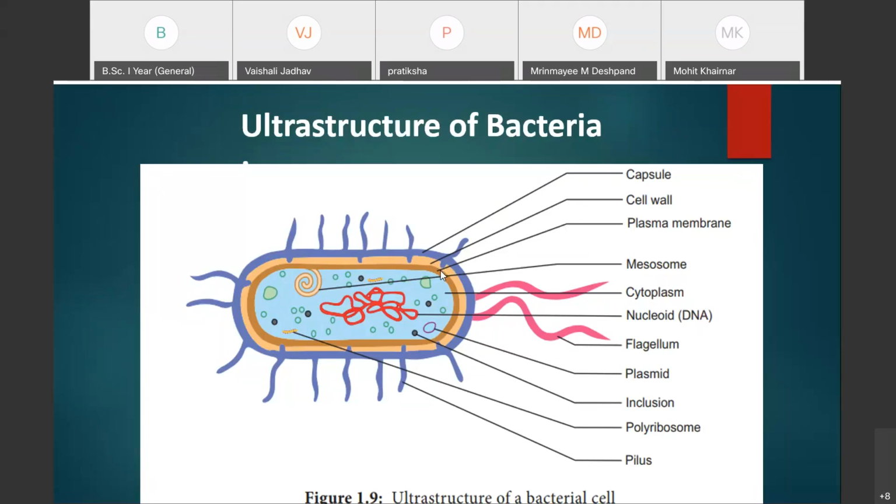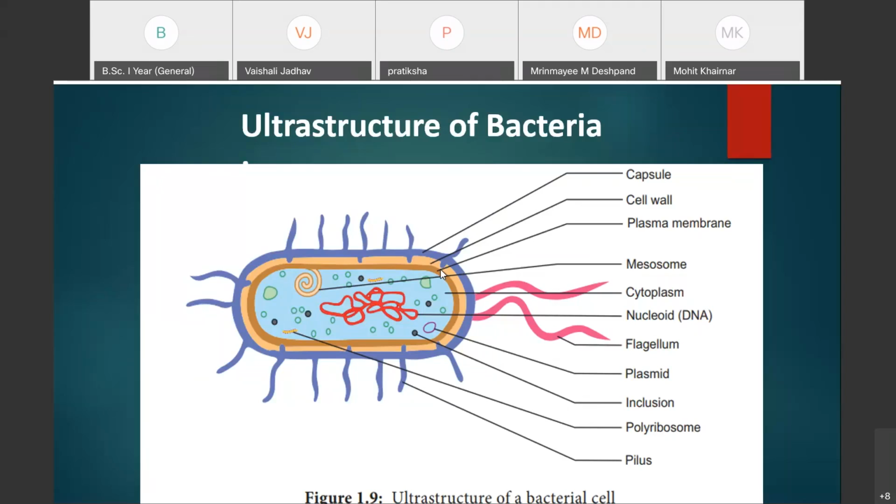The plasma membrane, or the cytoplasmic membrane, is the center of multifarious activities, because it secretes different types of enzymes which play a very important role in the different metabolic pathways. Also, the cytoplasmic membrane controls the entry of organic and inorganic compounds into the bacterial cell.